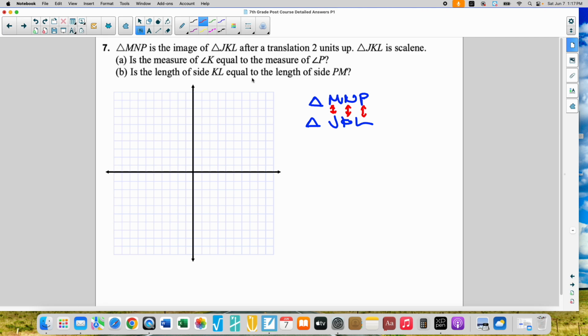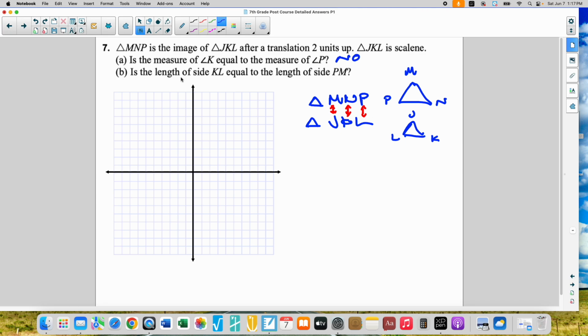So if we have triangle, we'll draw just a pseudo triangle. So MNP, then our triangle is going to be JKL. So angle J is going to be congruent to angle M. So is the measure of angle K equal to the measure of angle P? No, especially if it's scalene, right? That means 3 different. So no, A is no.